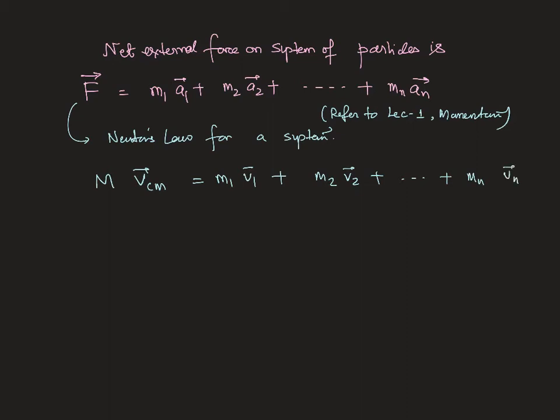Now, if you differentiate on both sides, d/dt of V_cm, you get d/dt of v1, d/dt of v2, and up to d/dt of all the velocity terms. So what you get as d/dt of V_cm is A_cm, the acceleration of center of mass.